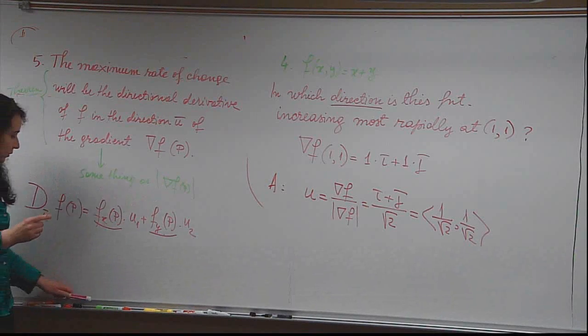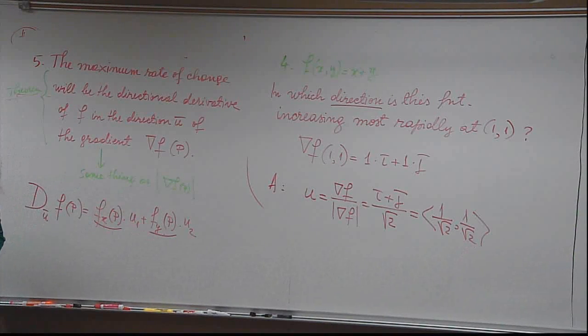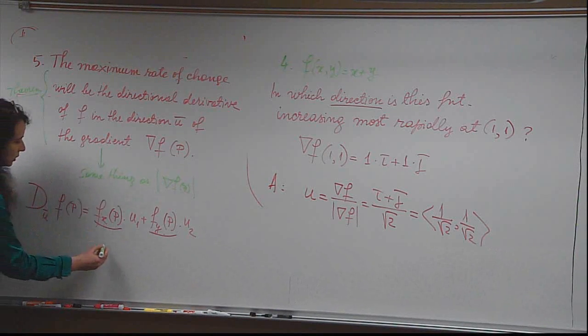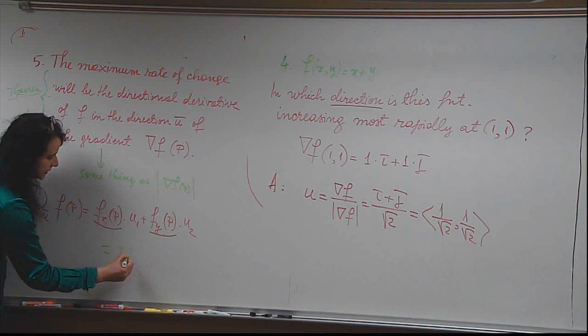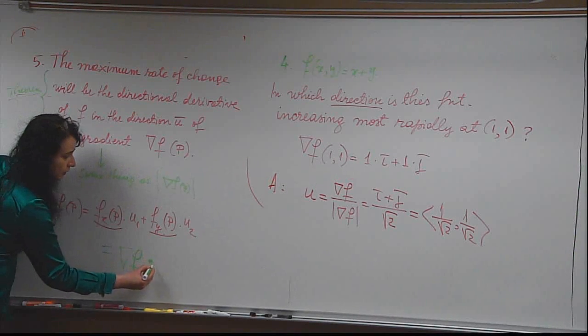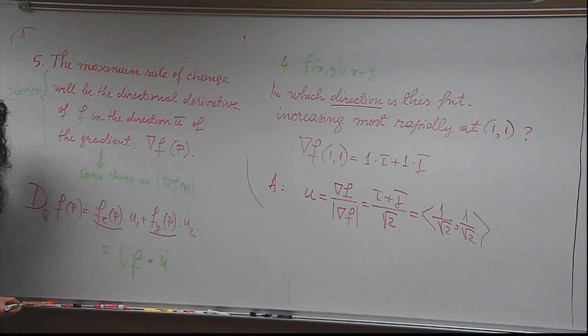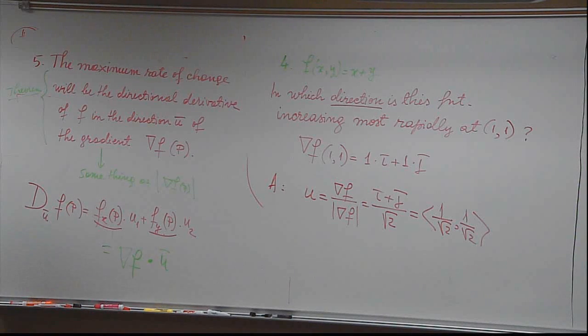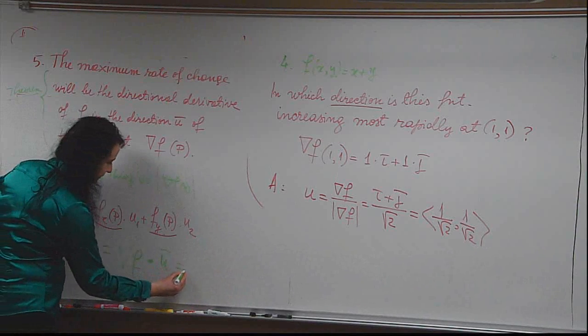And I was grateful you told me that; that was 2 or 3 weeks ago. So we noted together that it's the same thing if you write nabla f, the gradient, dot product with u.